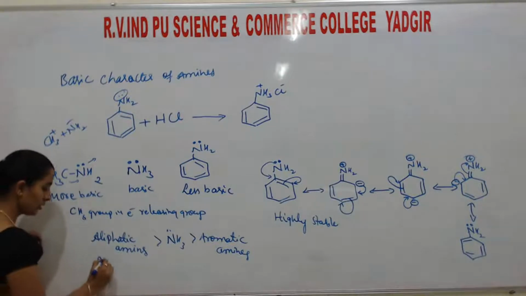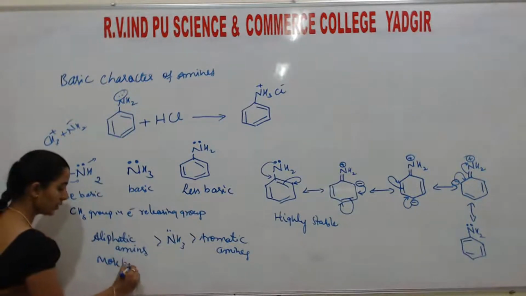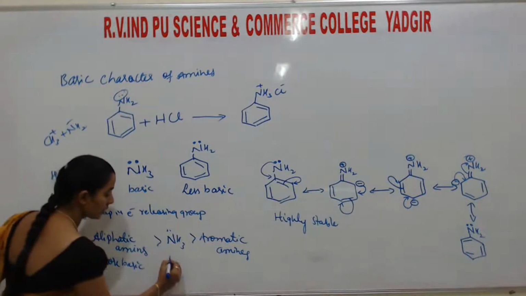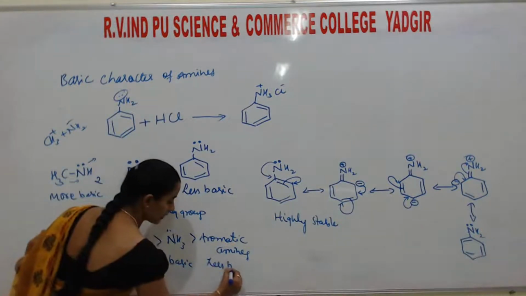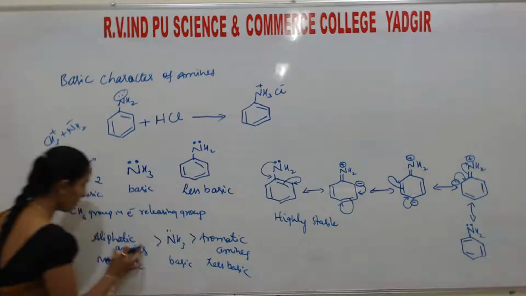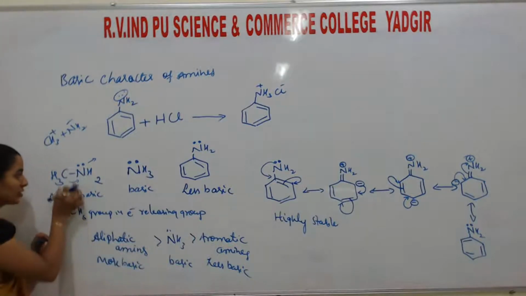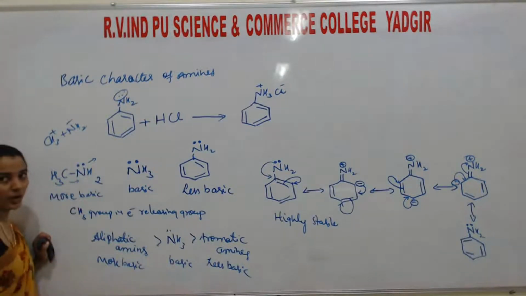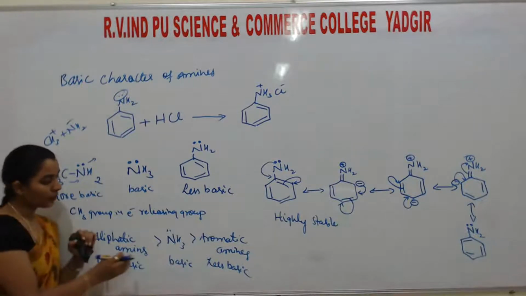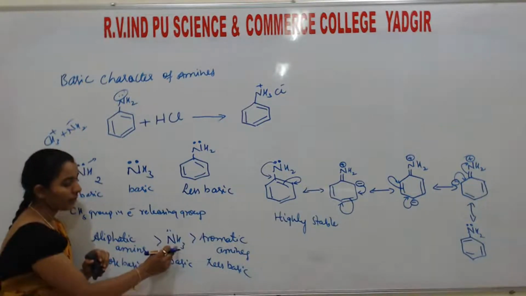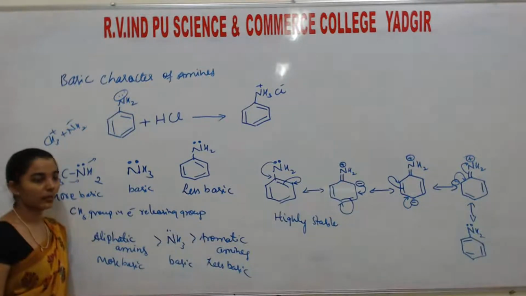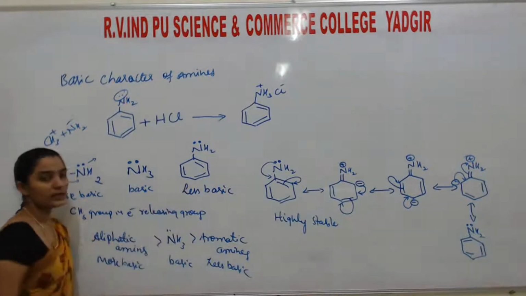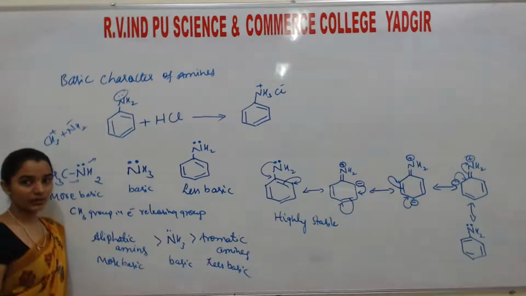Remember: aliphatic amines means straight chain compounds, R type compounds. Aliphatic compounds are more basic compared to ammonia, compared to aromatic amines. Aromatic amines consist of at least one benzene ring.